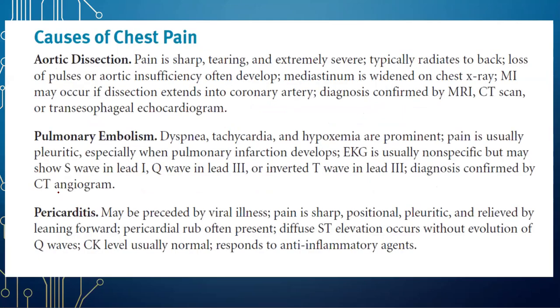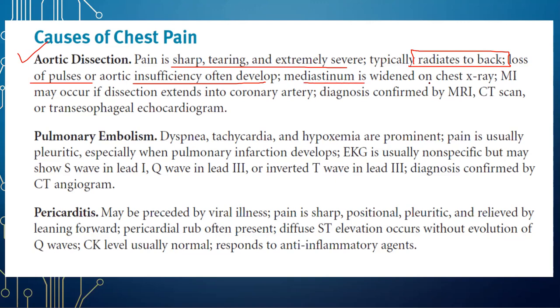Now, causes of chest pain. We already discussed these important causes. If it's aortic dissection, the pain will be sharp, tearing, extremely severe, typically radiating to the back. You can also have loss of pulses, or sometimes you can develop aortic regurgitation.